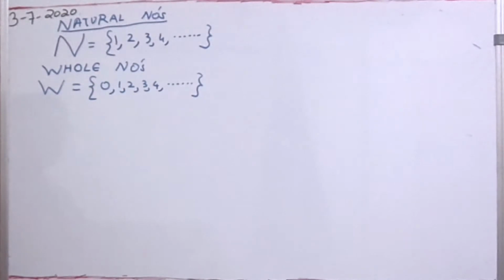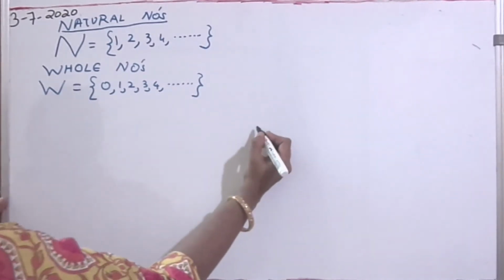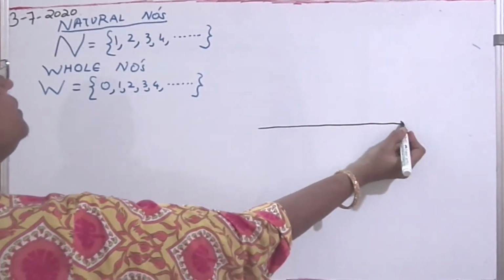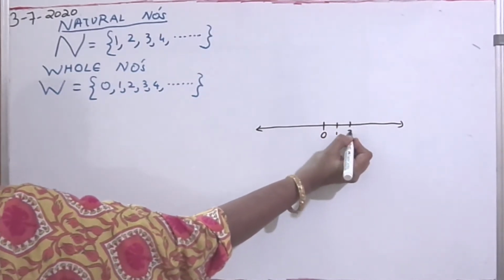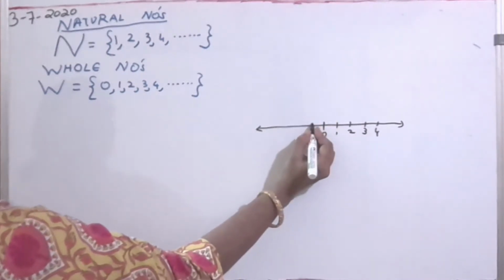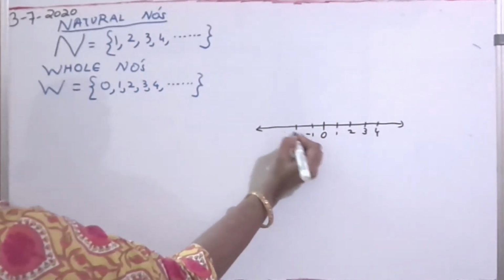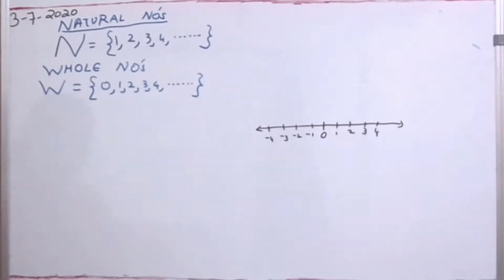The third set of numbers, I told you, you have to remember the number line. How is the number line? In the middle we have 0. On the right side we have positives, which go on and on, infinite, and on the left side negatives. Again here it goes on and on, infinite, on both sides.